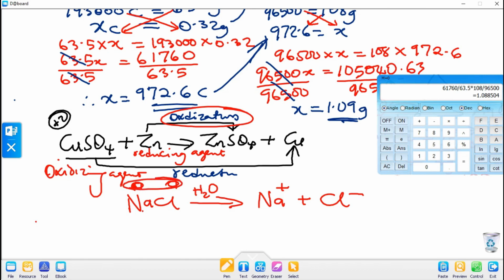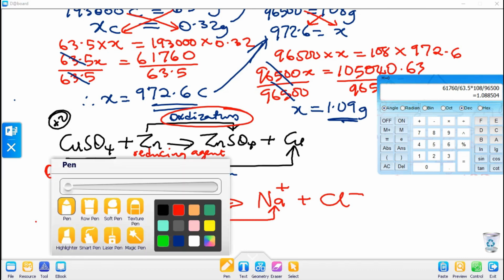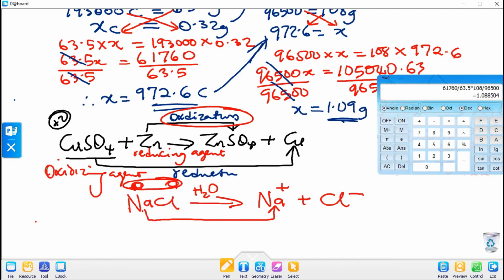Now, when it goes into water, sodium has gone from 0 to +1 because they dissociate as ions. But looking at the chloride ion, it has gone from 0 to -1.